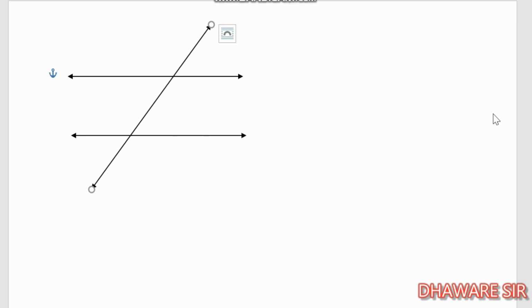Let's give the names. This is the line L, line M, and this is the line N. So these are the three lines, line L, line M, and line N. Now we write the angles here.